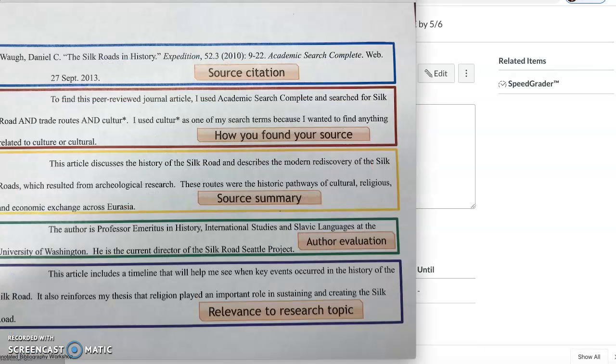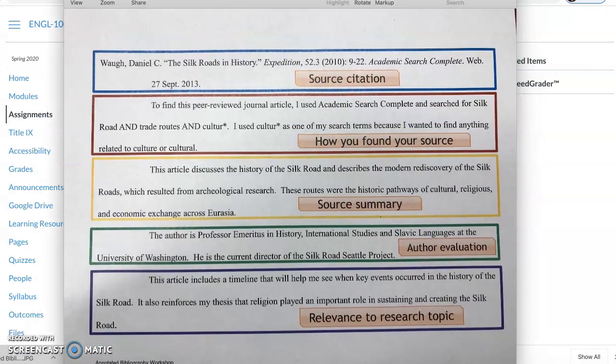So this is kind of a template or an example. Just like you've done before, your citation for your source would be here, but now you're going to add some little sentences to make a paragraph to explain more. For the first part, you're going to talk about how you found the source.